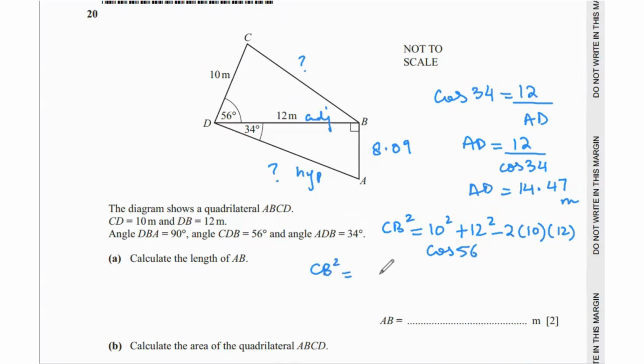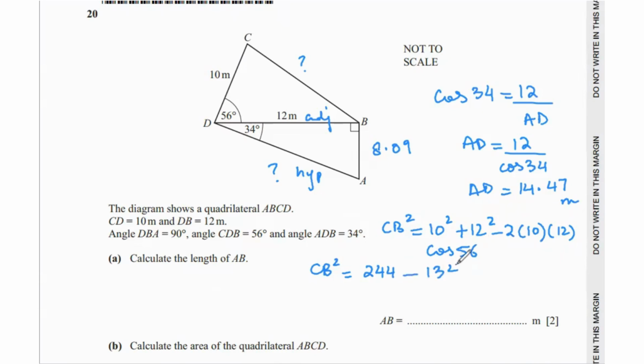So that's going to give us 244 minus, and when you're multiplying 2 times 10 times 12 times cos 56, multiply it in one go. Don't first multiply 2, 10, and 12 and then subtract it from the sum of 10 squared and 12 squared. That's going to give an incorrect answer. Multiply this entire thing in one go and then subtract the result. So 2 times 10 times 12 times cos of 56.